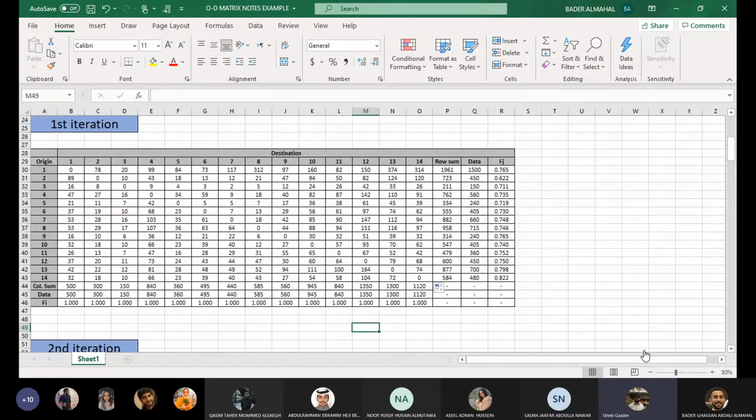So you use the factors which are written with each row, multiply them with the numbers in each row, and then try to balance it. This is again assuming that this OD matrix does not belong to those 14 zones for which we were supposed to calculate the data.